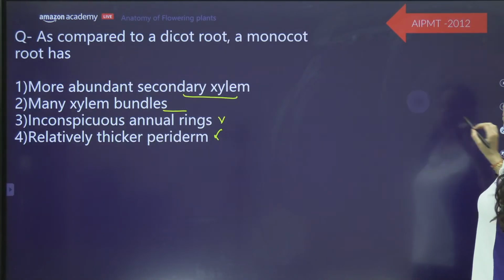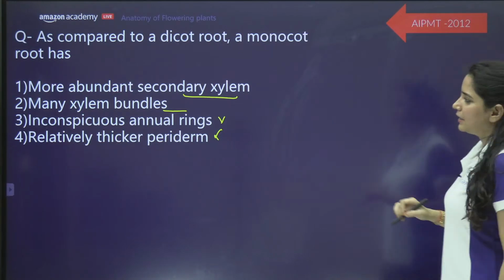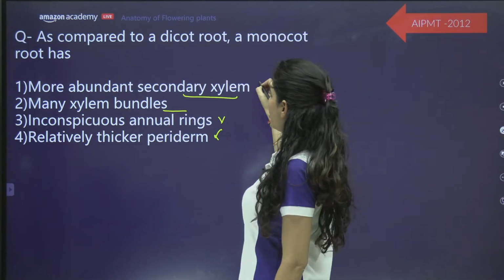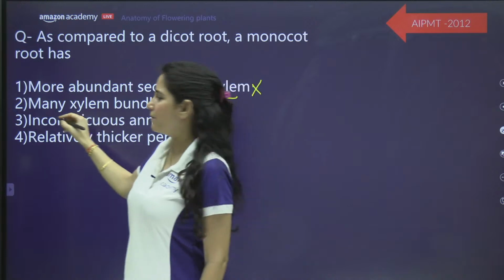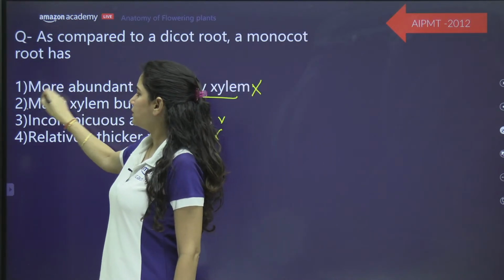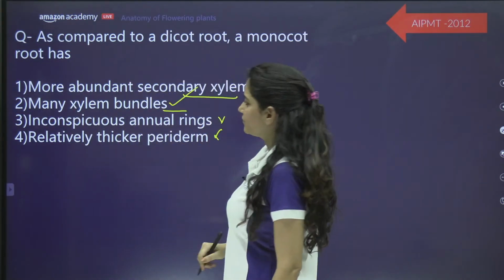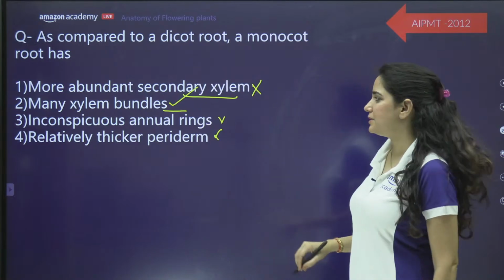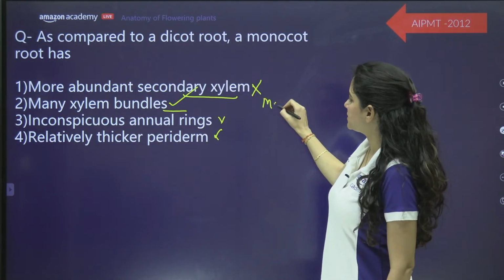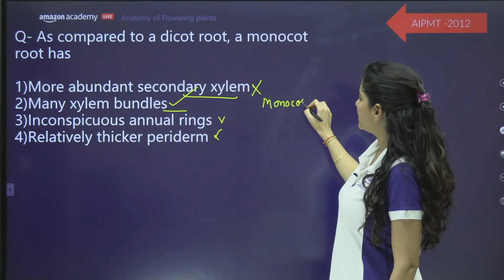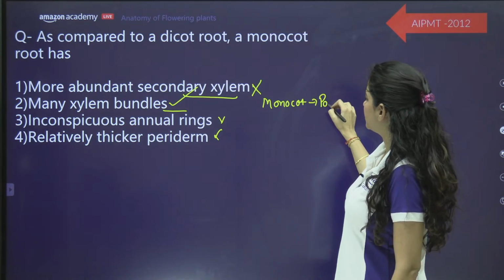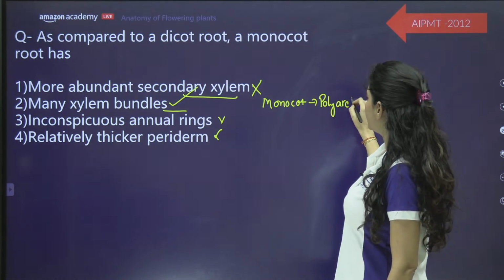What will be the right choice there? I think you got it right. Not this one. Many xylem bundles. Yes, that's true. That's correct. As in monocots, it's a polyarch condition.